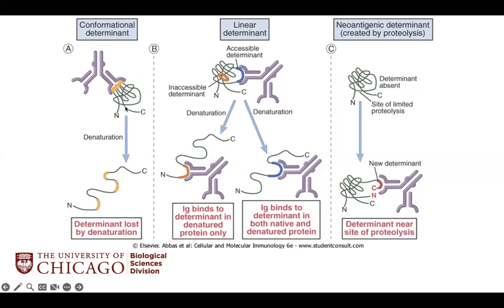But many epitopes are conformational. So it depends on how it's folded, and as soon as it's denatured, it goes away. So these tend to be less severe forms of milk and egg allergy, where we can actually exploit that denaturation and get some of these foods into babies.